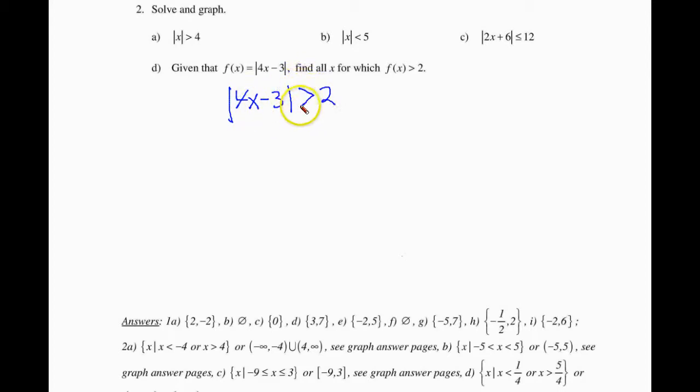Well, because it's greater than, it's going to be a disjunction. And we'll work it out. So 4x minus 3 is greater than 2. And then, this is going to be an OR. 4x minus 3 is less than negative 2.